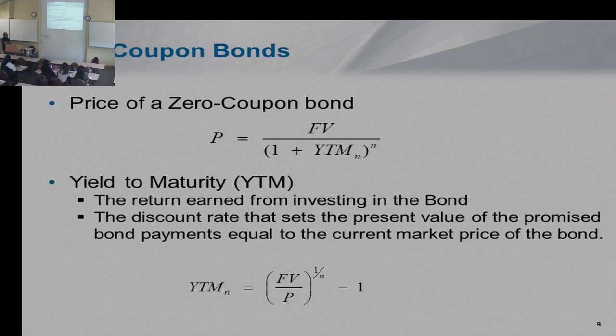So the discount rate, which has to be an effective rate, is called the yield to maturity. It's the return earned from investing in the bond. So it's the discount rate that sets the present value of the promised bond payments equal to the current market price of the bond. So the yield to maturity is future value divided by P to the 1 over N.